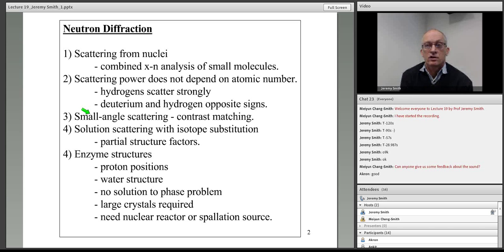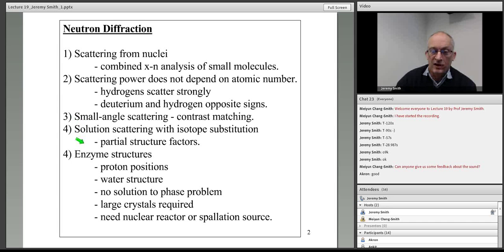And so contrast matching allowed them to figure out that the nucleic acid was in the middle of the virus, surrounded by a capsid of viral proteins. So that was done with that. And nowadays you can use contrast matching very well in protein nucleic acid complexes, but also in other types of biopolymer.